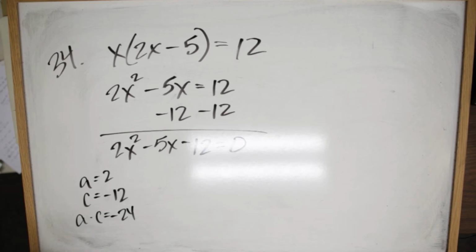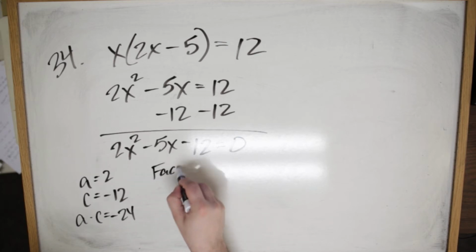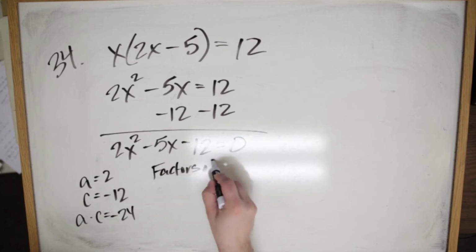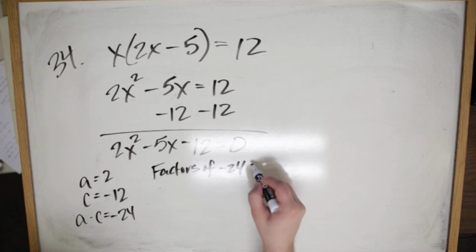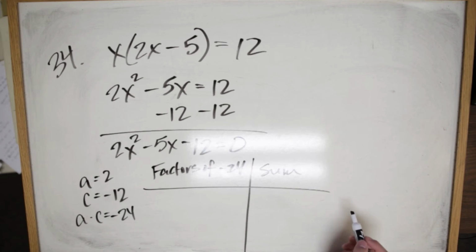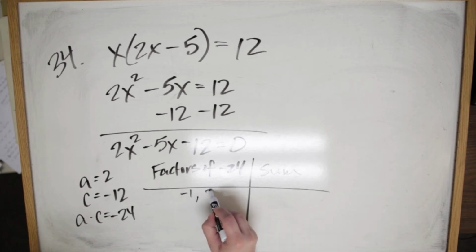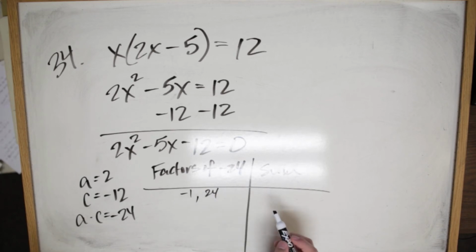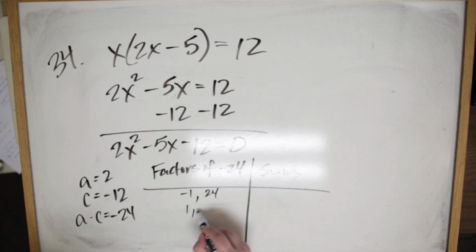Now, I am going to write out factors of 24. I might have to erase my whiteboard here, so I'm going to try to do it down here. Factors of 24 and the sum. Again, let's just do the table. Minus 1 and 24. I'm really afraid I'm going to run out of room here, so please bear in mind.